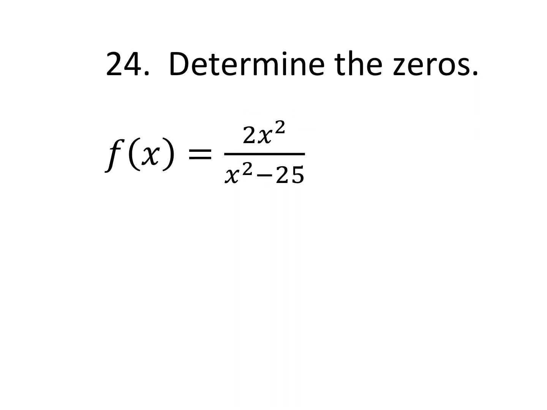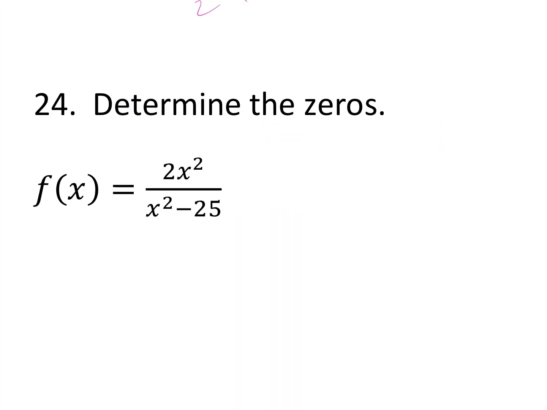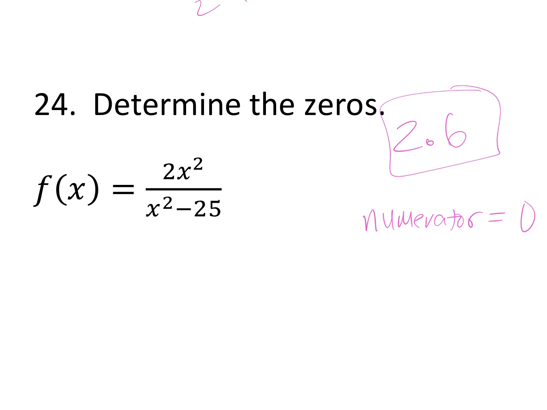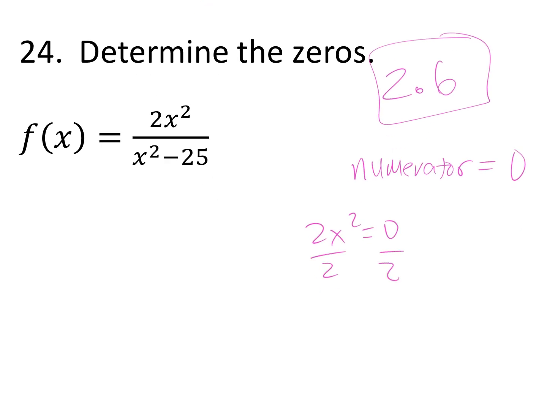All right, 24, determine the zeros. Oh, man, I forgot how to do this. Do you guys remember? Again, this is that 2.6 cheat sheet. How do you find the zeros? You set something equal to 0. Not the bottom. The numerator equal to 0 to find the zeros. So you'd say 2x squared equals 0. Divide by 2.